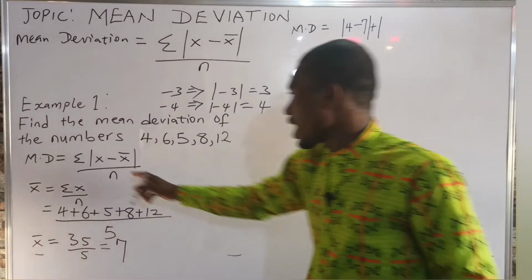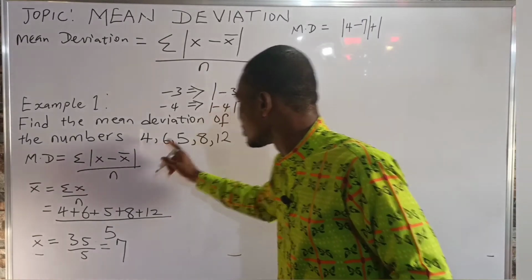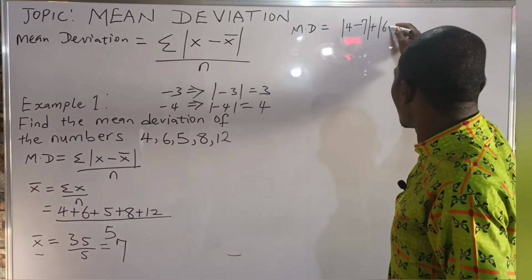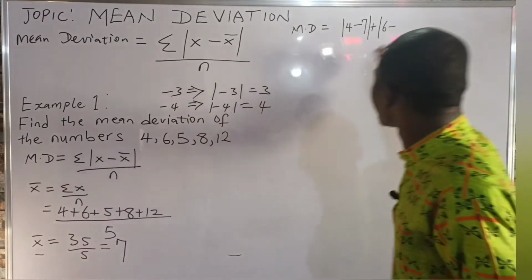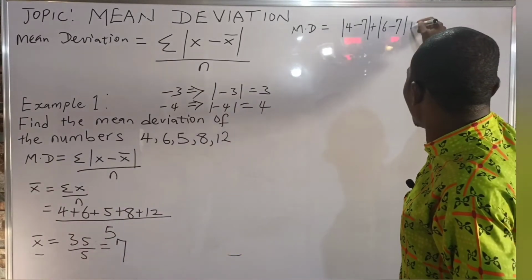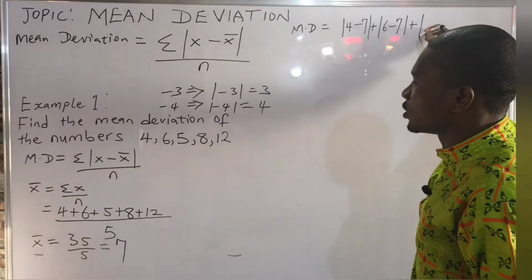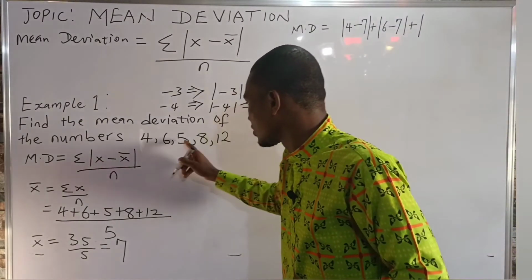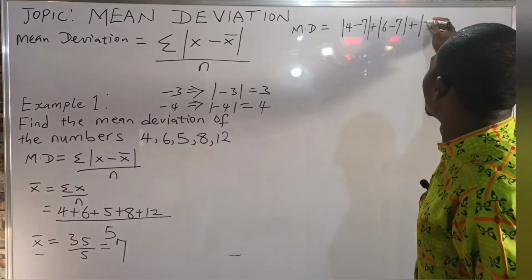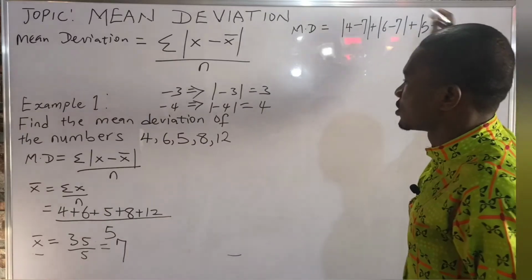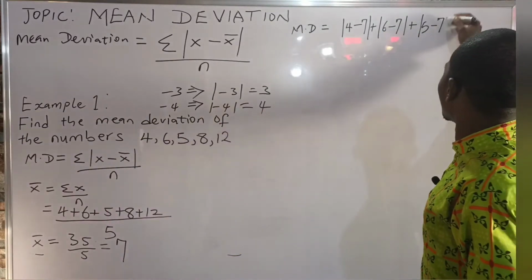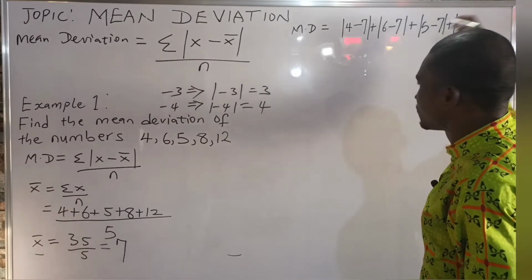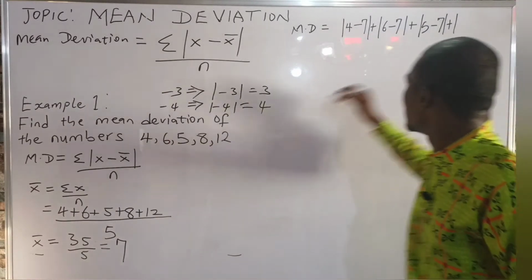plus another absolute value of the next score, which is 6. So 6 minus our mean, which is 7, then plus the absolute value of the next score, which is 5, then minus our mean, which is 7, then plus the absolute value of the next score, which is 8.